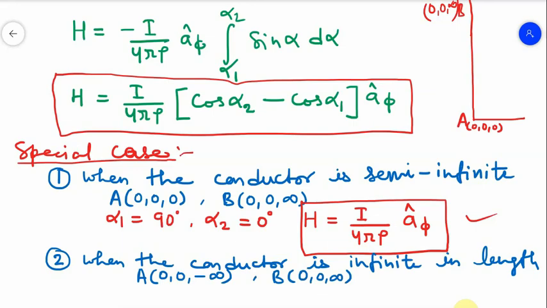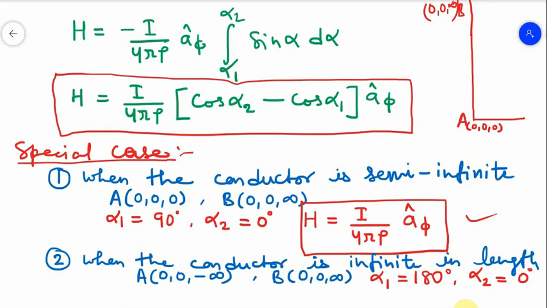Okay, so in that case your alpha 1 will be 180 degrees, and alpha 2 will be 0 degrees.